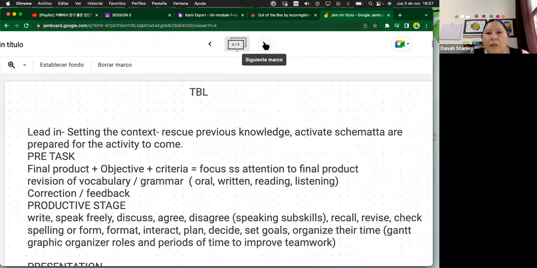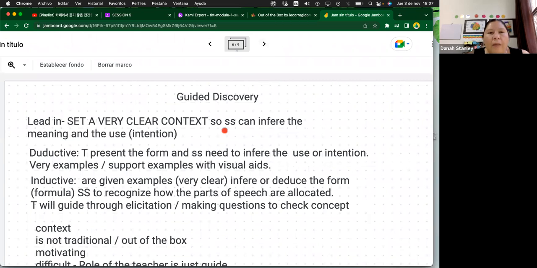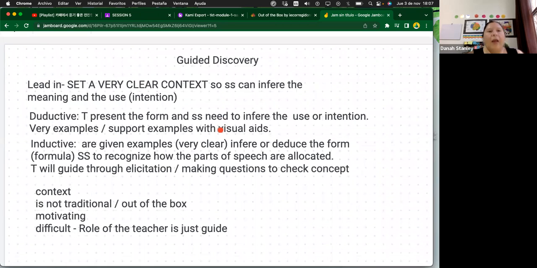So in this case, we have guided discovery. Again, I need to have the leading activity with a very clear context. So the students can infer exactly either the meaning or the use, depending on what I want to work with them.